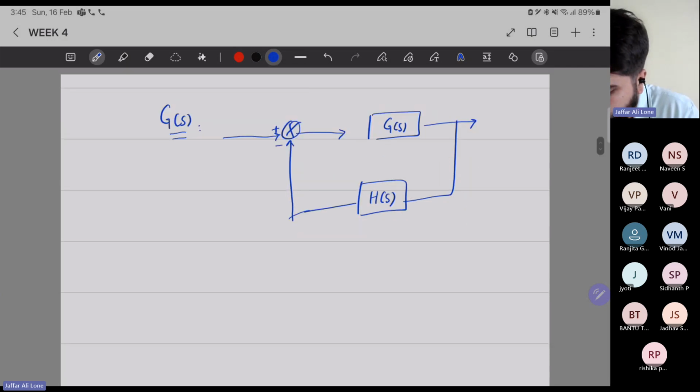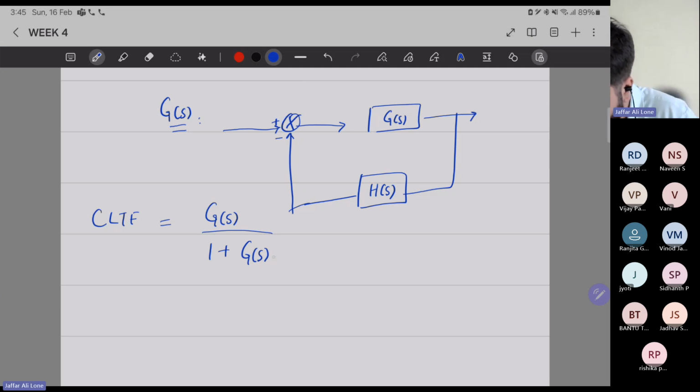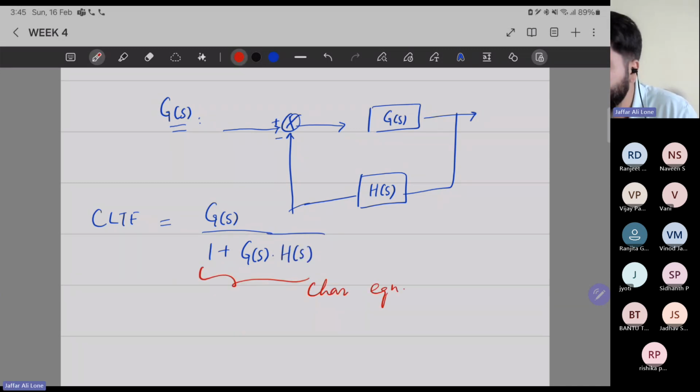If you derive it, you will get the closed loop transfer function equal to G(s) divided by 1 plus G(s)H(s). This denominator is called the characteristic equation. So the characteristic equation is nothing but the denominator of a closed loop transfer function.